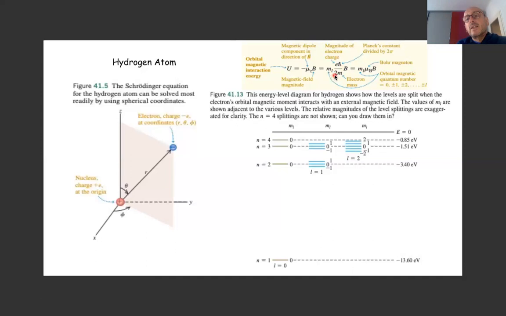If we take this whole number together and retain only the dimensions of the magnetic moment, e h bar over 2m, this number is what is called the Bohr magneton. It's a number like 5 times 10 to the minus 6, or something like that, a very small number. I don't have it right now, but I have it in the next viewgraph.